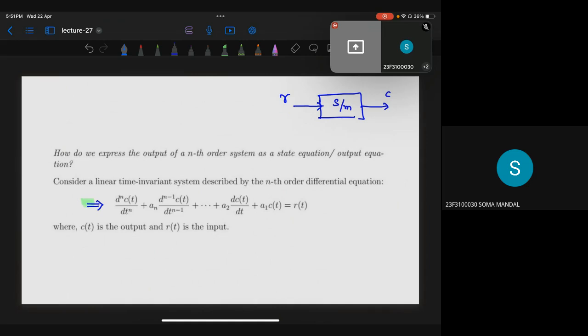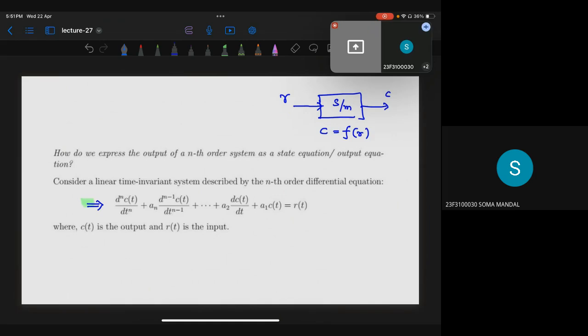If you write it, you get C is equal to a function of R. The system behavior looks like this nth order differential equation. The n can be anything, and can be greater than 1 also.